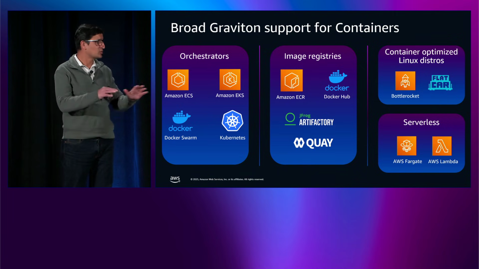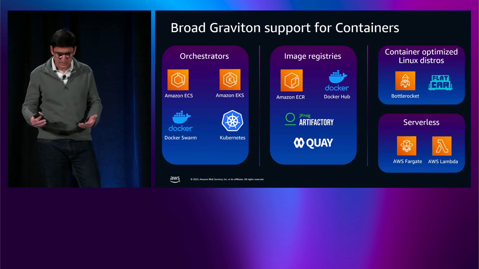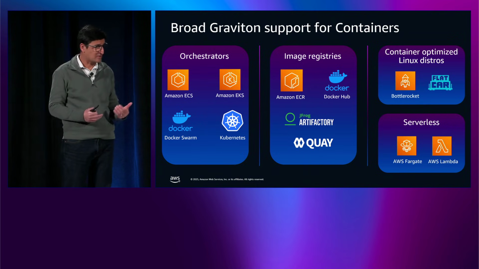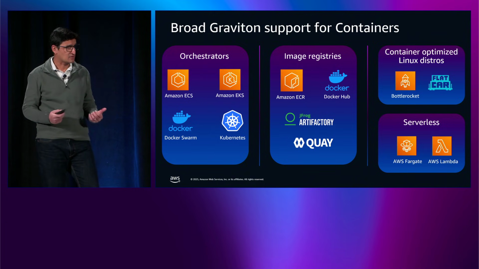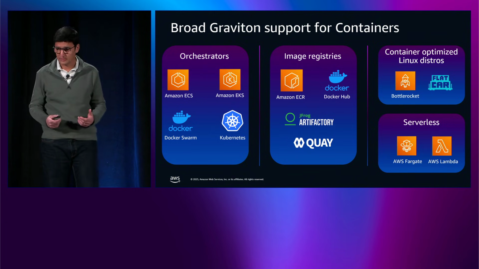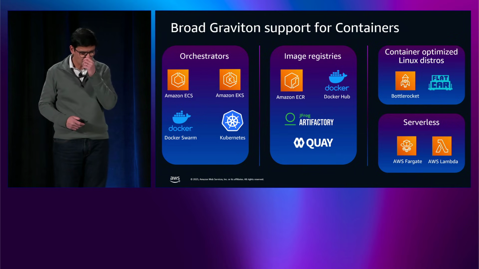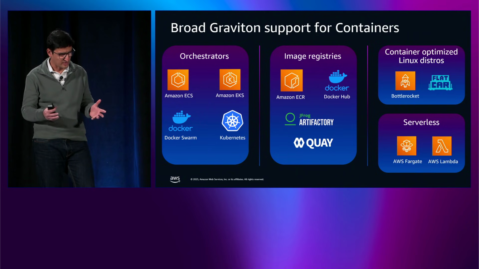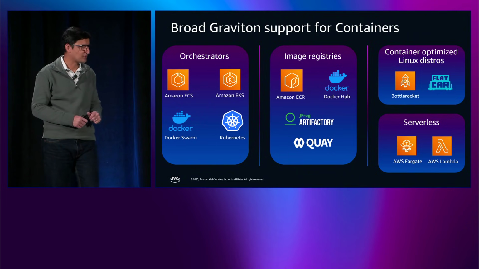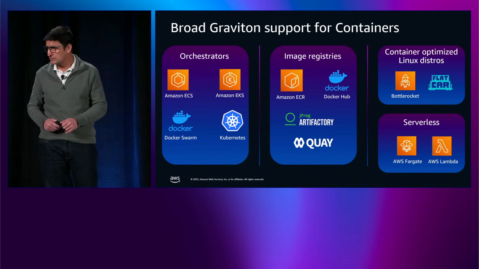Graviton also works smoothly with container-optimized Linux distributions like Bottlerocket. For serverless compute, our services like AWS Lambda and Fargate also support Graviton today. So together, all of these container and serverless products make it really straightforward for you to adopt Graviton across your entire deployment pipeline.